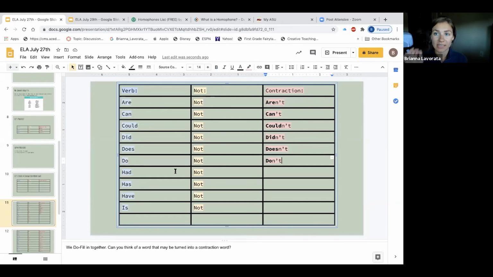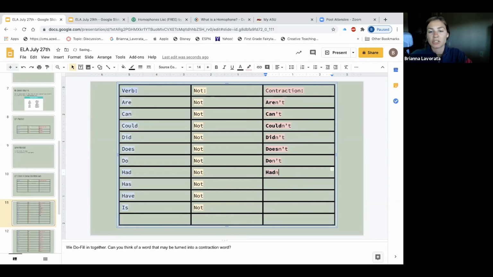Make sure, boys and girls, that you are writing these contraction words in pink on your paper as well. I'm just modeling on the computer so you can see it more clearly than me holding the paper up. We have the words had and not. First we write our word, had. The next step is to write the word not.